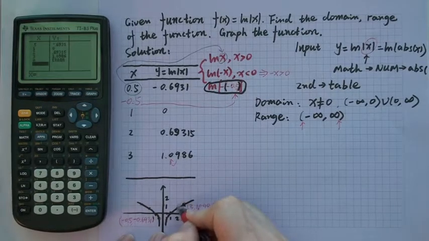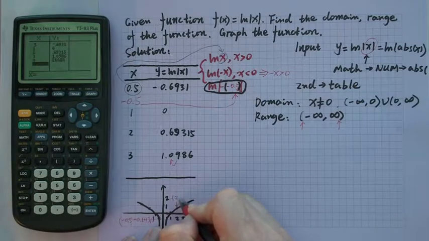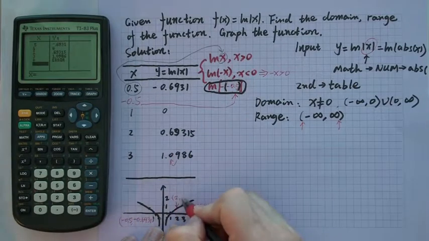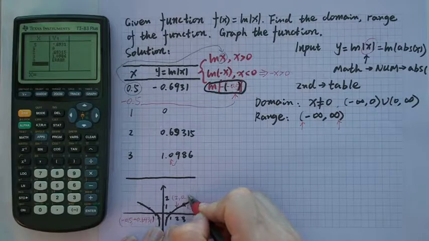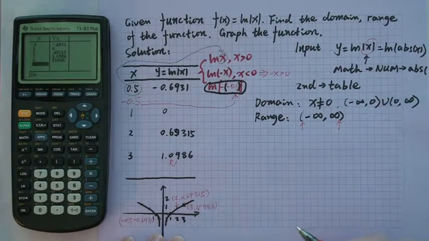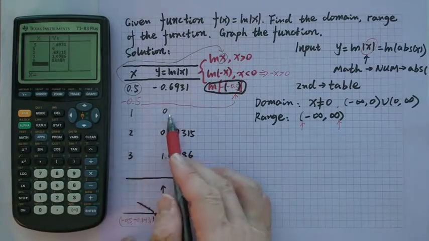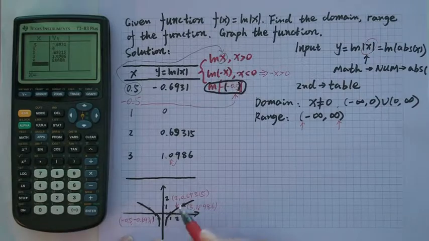And this point is x is 2, and y is 0.69315, which is about 0.7. So x is 2, y is about 0.7. And here x is 1, y is 0, so it's right here.